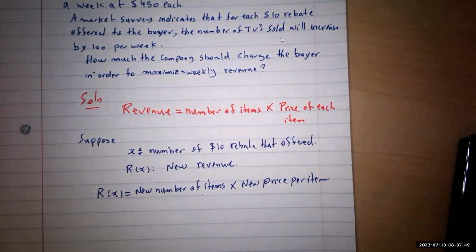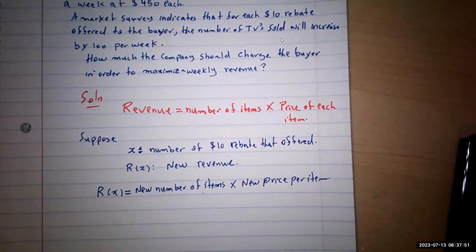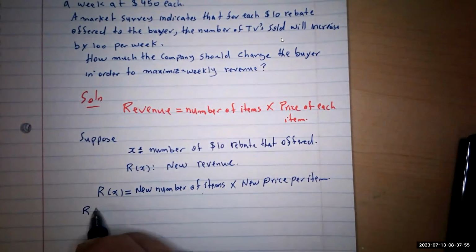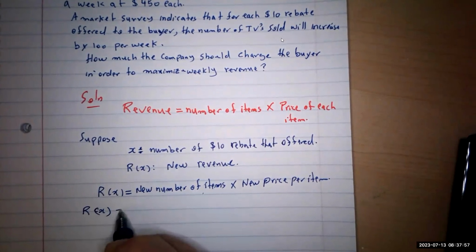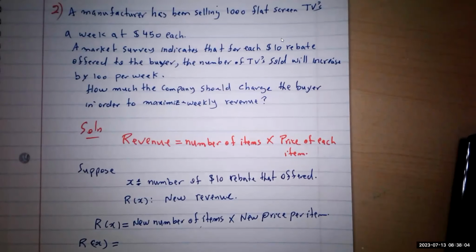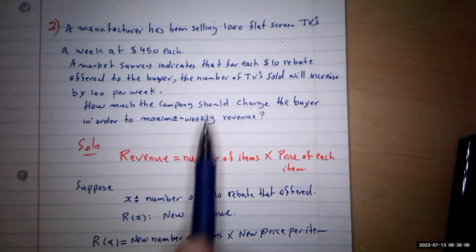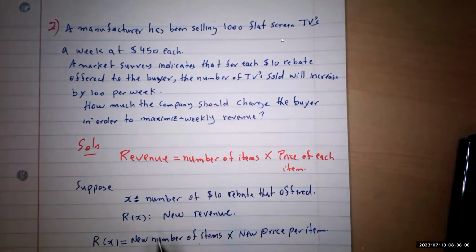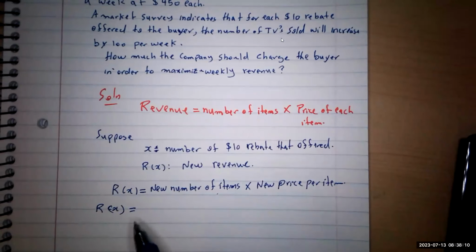When you're offering this, the revenue would be changed. So R of X is equal to the new number of items. You check to see what the original number is. Originally, you're selling what? 1,000 TVs. So originally it's 1,000.